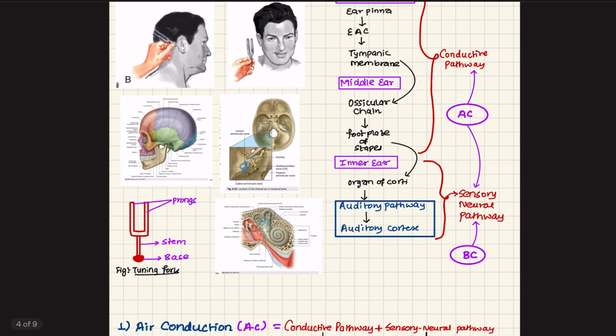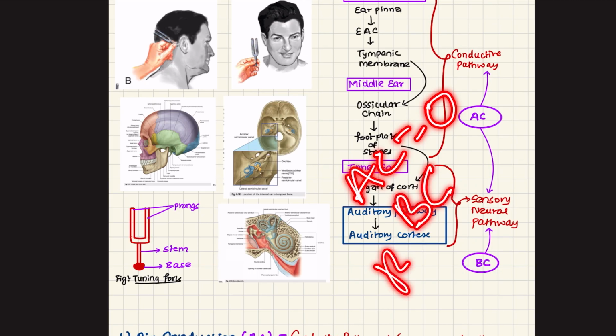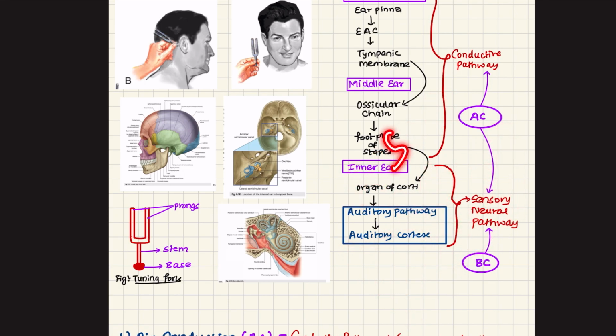So in this severe sensory neural hearing loss, air conduction is zero, but there is some bony conduction. So bony conduction will be greater than the air conduction. But opposite to this, in the mild sensory neural hearing loss, air conduction is greater than bony conduction.